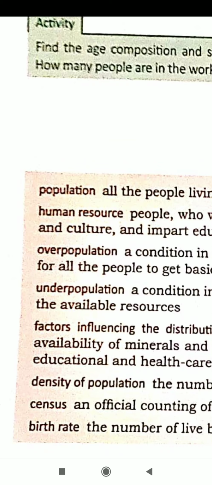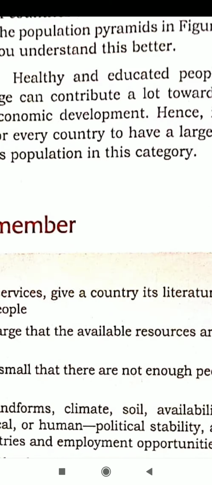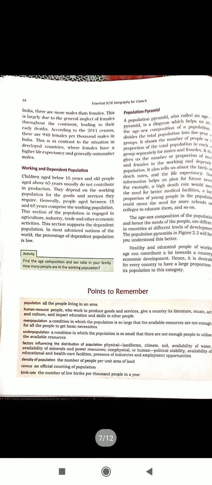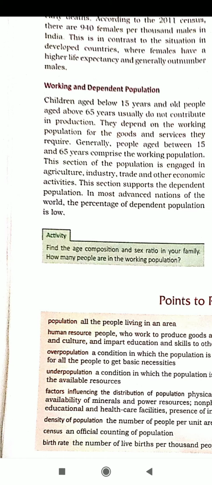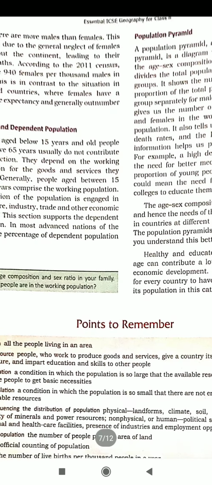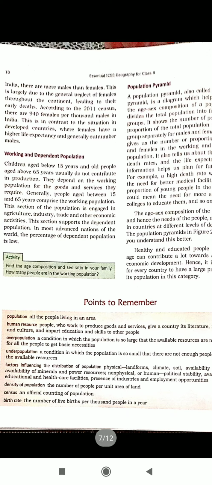Birth rate, number of live births per 1,000 people in a year. Death rate, the number of deaths per 1,000 people in a year. Natural increase, the difference between the birth rate and the death rate.